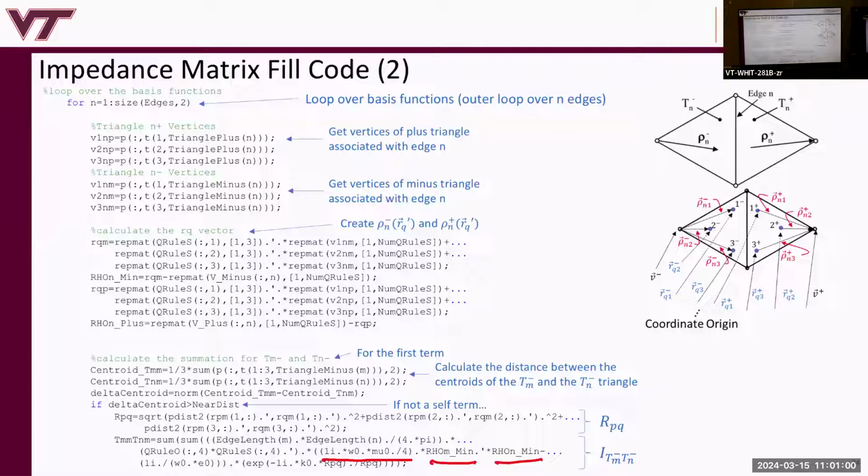Then we have minus, because it's a minus minus, they're on the same sides of the basis functions and testing functions. And then we have j over omega epsilon, and then e to the minus jk rpq over rpq. That's it.